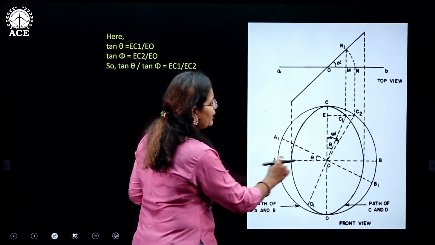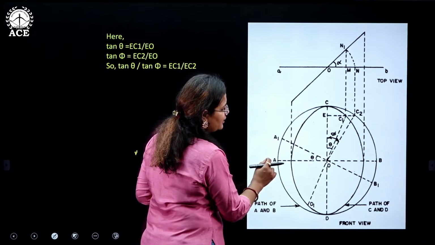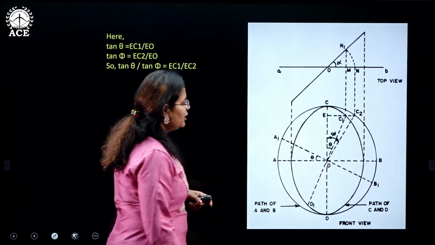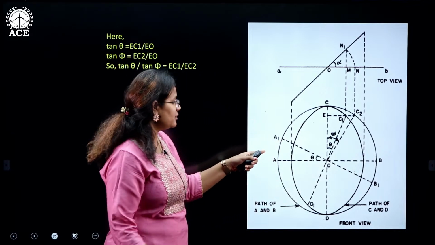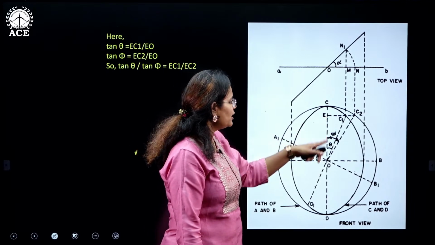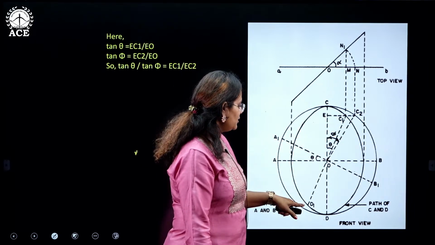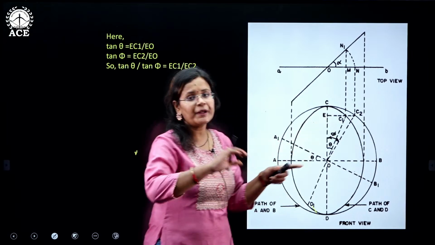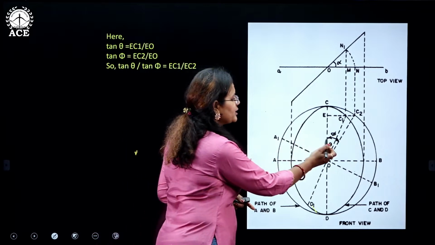So whenever this AB link is moving with a certain angle, A reaches the point A1 and B reaches B1, and simultaneously the driven shaft is also moving with respect to the driving shaft. So C and D reach C1 and D1 points. With respect to the driven shaft, the angular displacement is phi here.